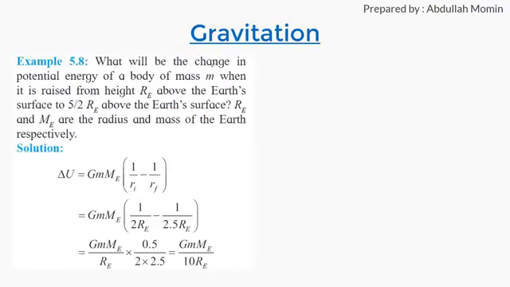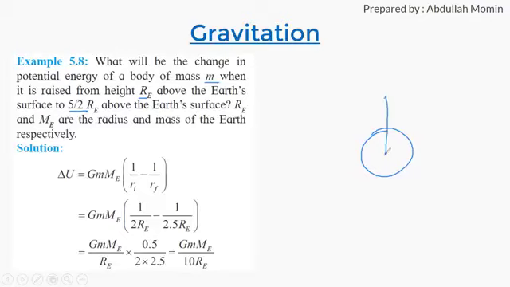What will be the change in potential energy of a body of mass m when it is raised from a height Re above the earth's surface to 5 by 2 Re above the earth's surface? Re and Me are the radius and mass of the earth.